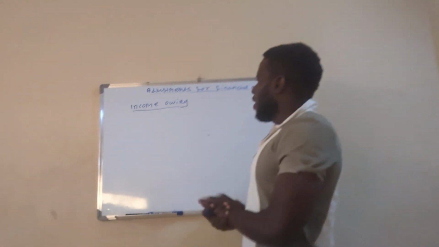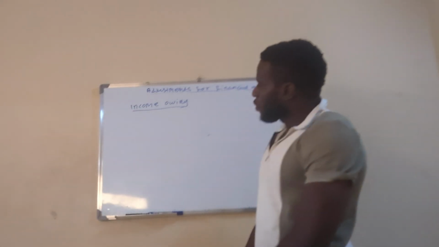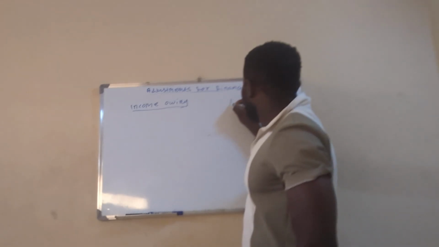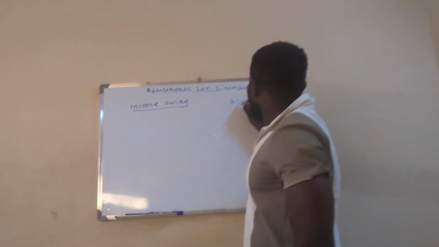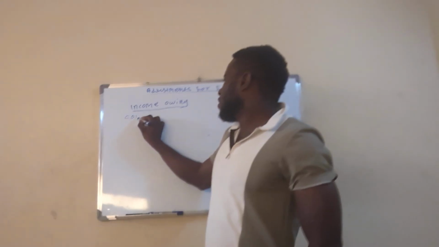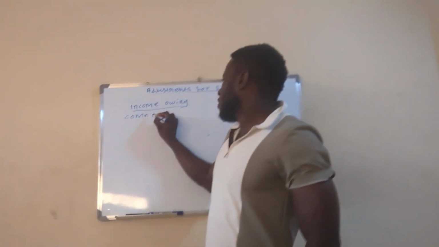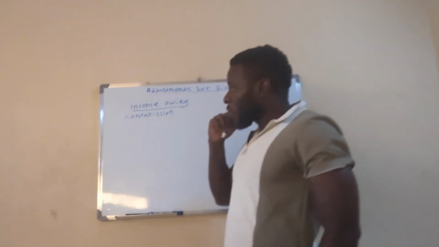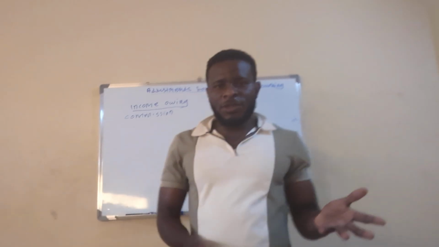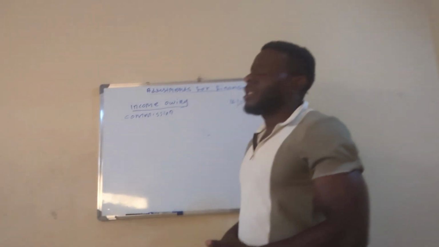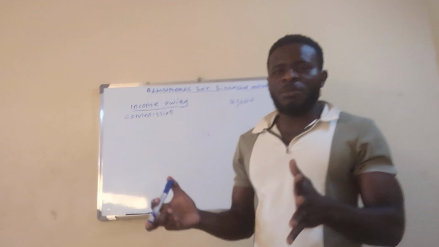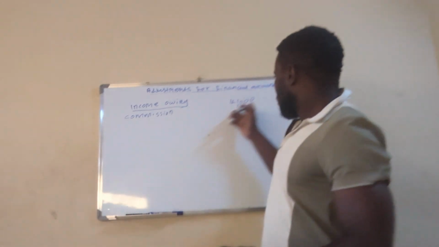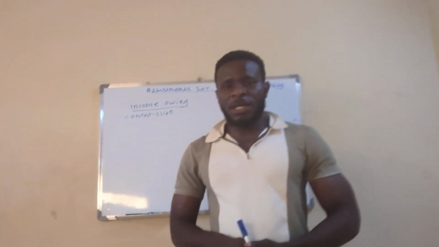Here, you are supposed to be paid 1,000 as your commission received. Is this how you write commission? Yes. So you offer a service to this particular firm and they decide to pay you on commission. So you agreed that 1,000 is what is supposed to be paid as commission.